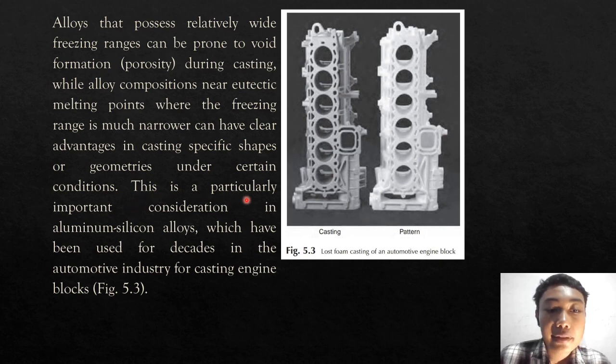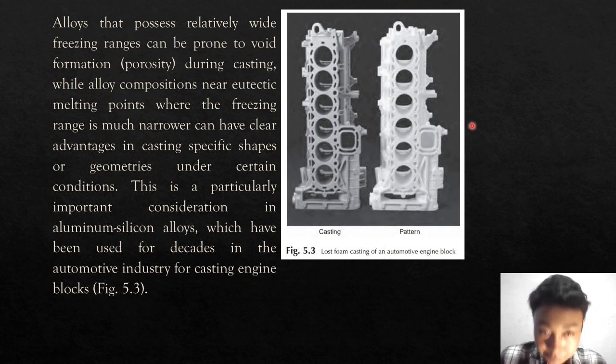This is a particularly important consideration in aluminum-silicon alloys, which are widely used in the automotive industry for casting engine blocks, like in Figure 5.3.